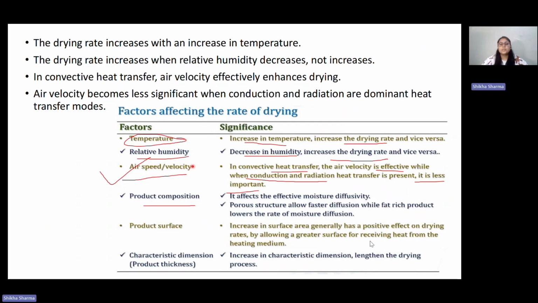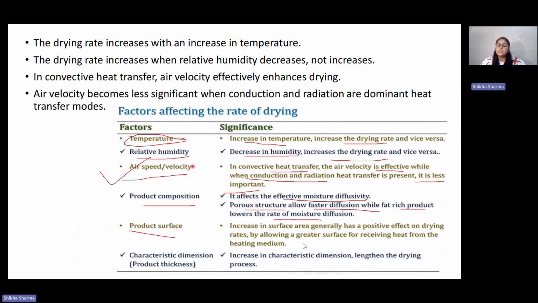Then product composition. Basically it affects the effective moisture diffusivity. If the product has a more porous structure, the diffusion will be faster, whereas if it is fat rich, the moisture diffusion rate will be slower.